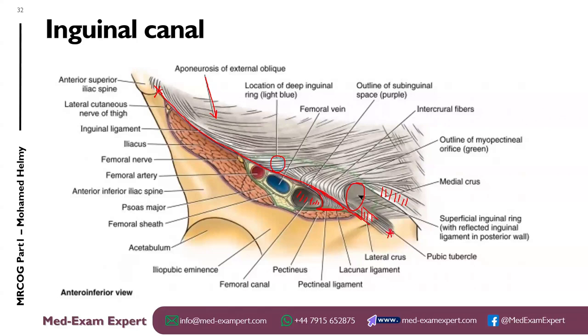So if you want to make a marking as a surface anatomy, measure the length between the anterior superior iliac spine and the symphysis pubis, and take a point midway between them. This will be the location of the deep inguinal ring. Hope this picture makes things clearer, everyone.